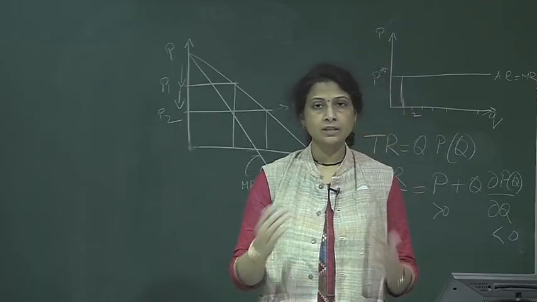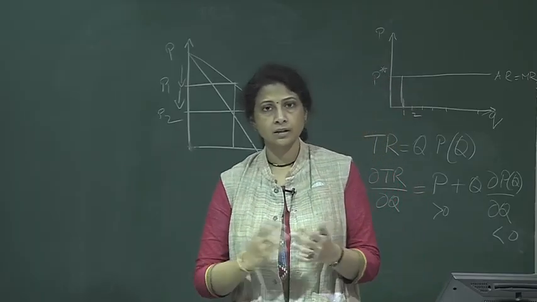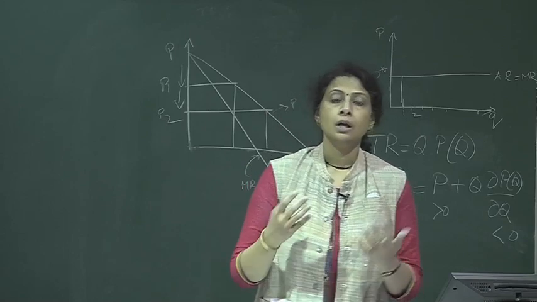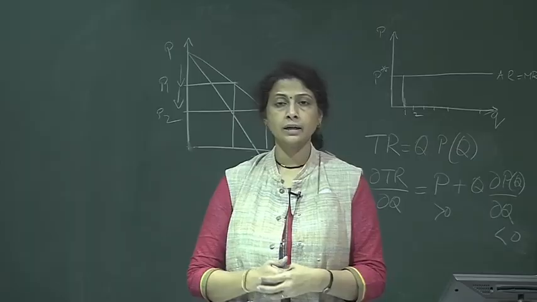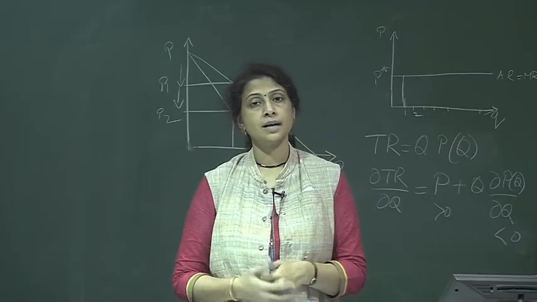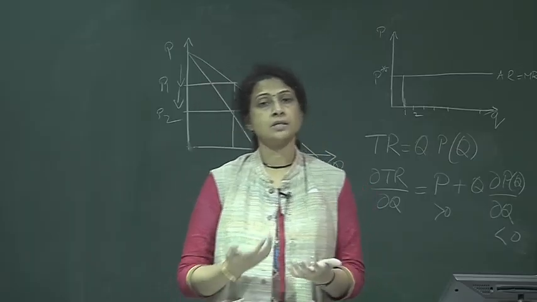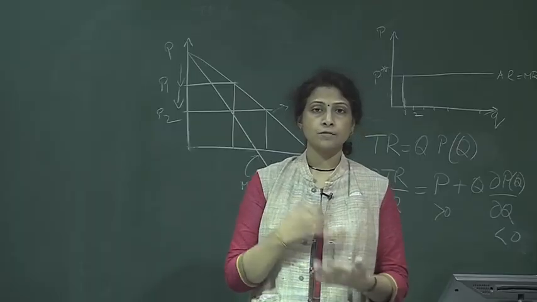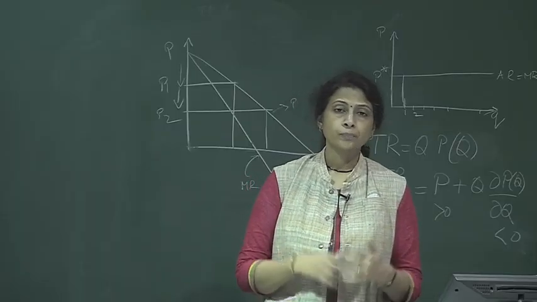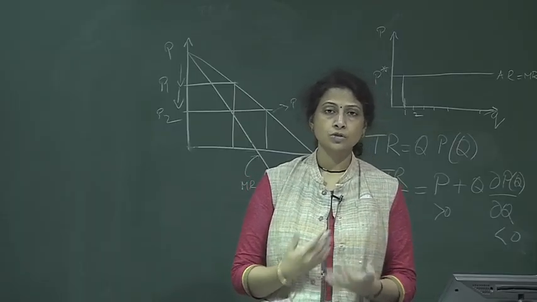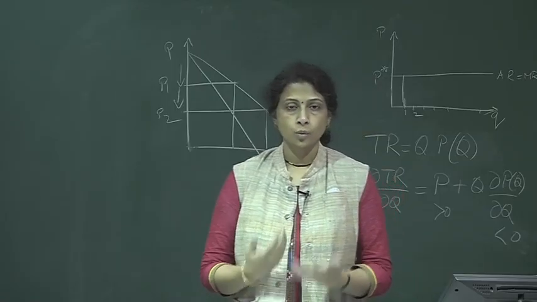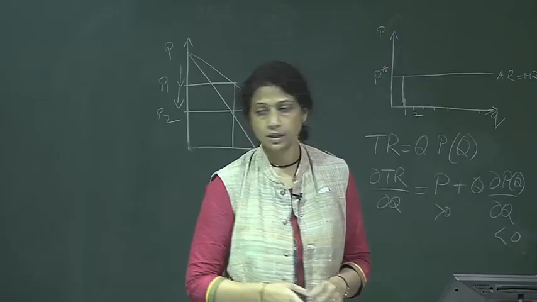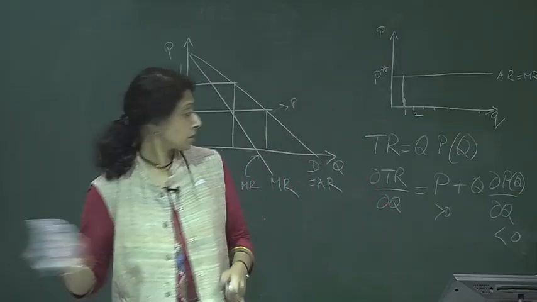Now that we have an understanding of the marginal revenue curve, the average revenue, the demand line for the monopolist, the choice that he has to make, and the output effect and the price effect, what does the monopolist do? How does he determine what quantity to produce and what price to charge?